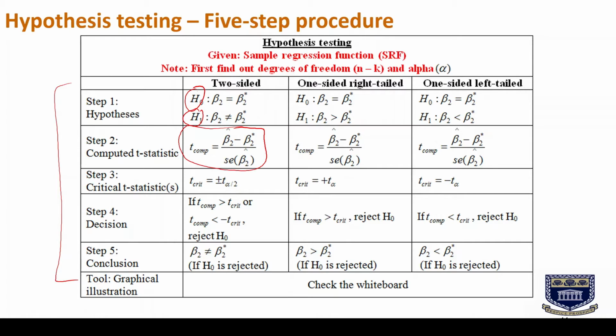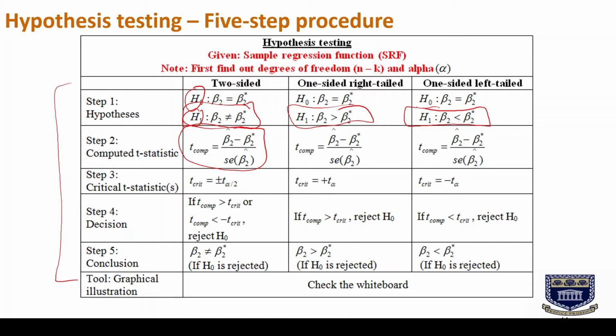In the case of a two-sided test, the thing that differs in step 1 for these tests is that the alternative hypotheses are stated differently, right? That's the only thing that differs in step 1.